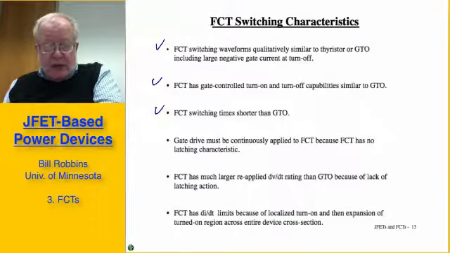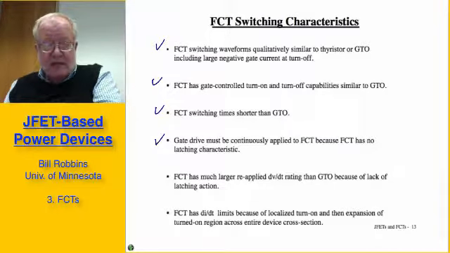The gate drive has to be applied continuously because the FCT has no latching action as the GTO or Thyristor does. The FCT is going to have a much larger reapplied dV/dt rating than the GTO because of the lack of this latching action.